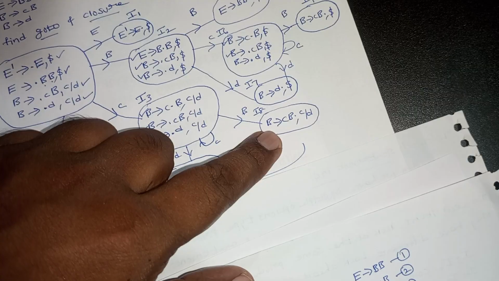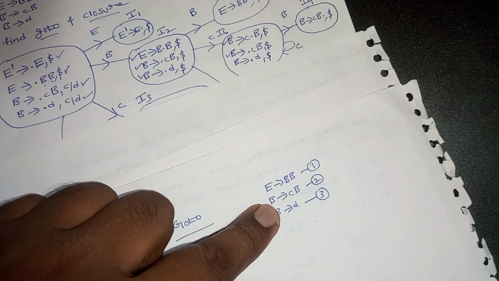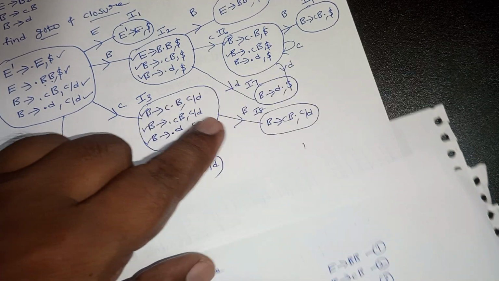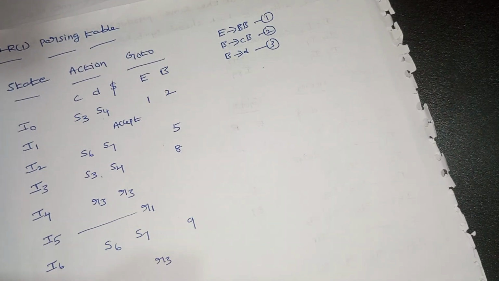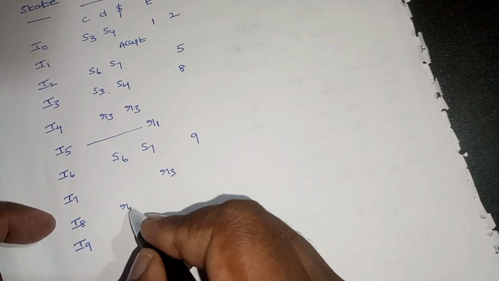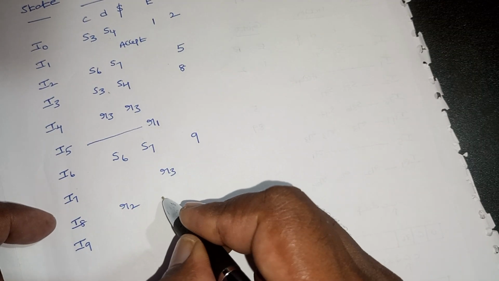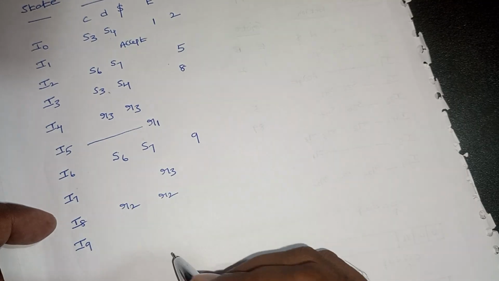I8 is rule 2. I have to add it under c and d, so you write R2 and R2, the reduce moves.